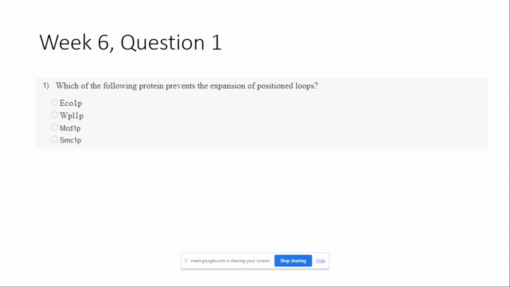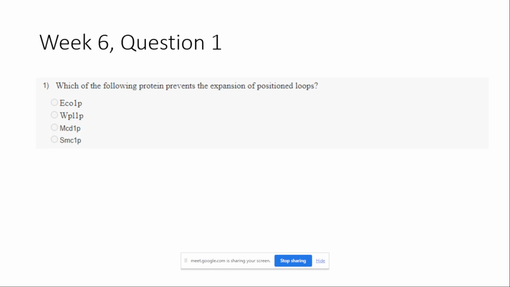Okay, so let's start with our discussion. Here I will discuss some assignment questions from the week 6 previous year NPTEL lecture. The first question is: which of the following proteins prevents the expansion of the positioned loops of cohesin?